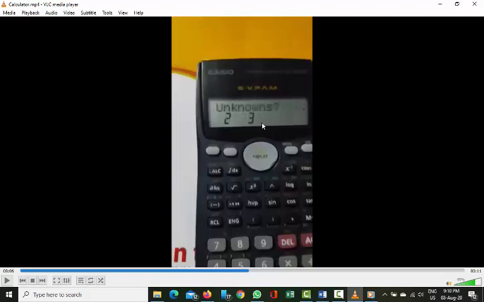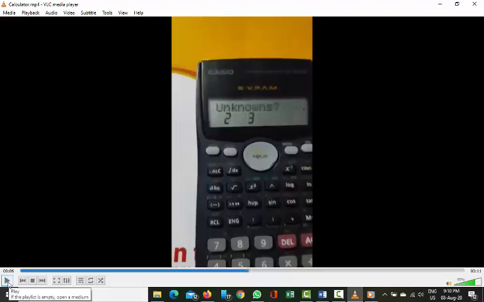Unknown means variable. So we can see we have three variables, x, y and z. So we have 3 unknowns in the equation. So we will press 3.